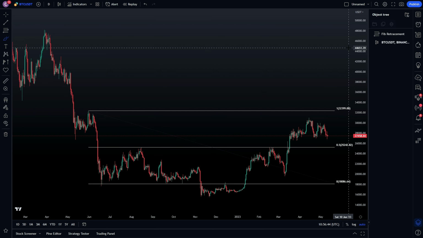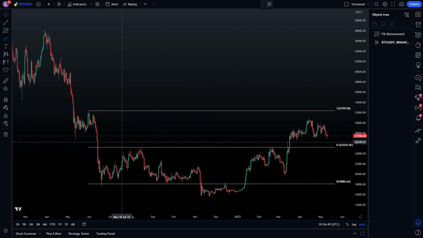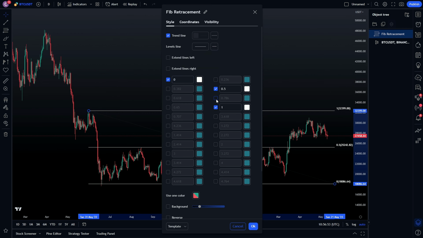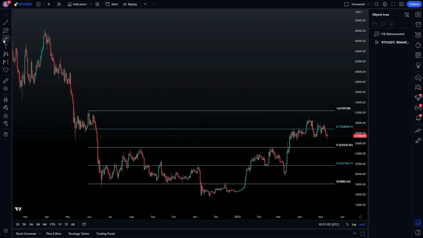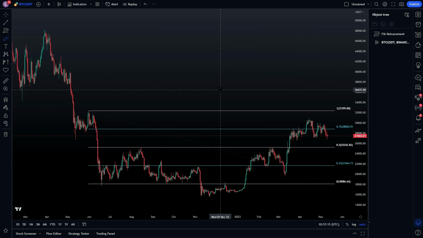Now, which is also validating our range is that if we are taking the quarterly levels of this range, so if we are going to insert our 0.75 level and also our 0.25 level, we can see that those levels are being respected beautifully. We can see support over here around that quarterly level, then we see massive resistance multiple times over here around that quarterly level.